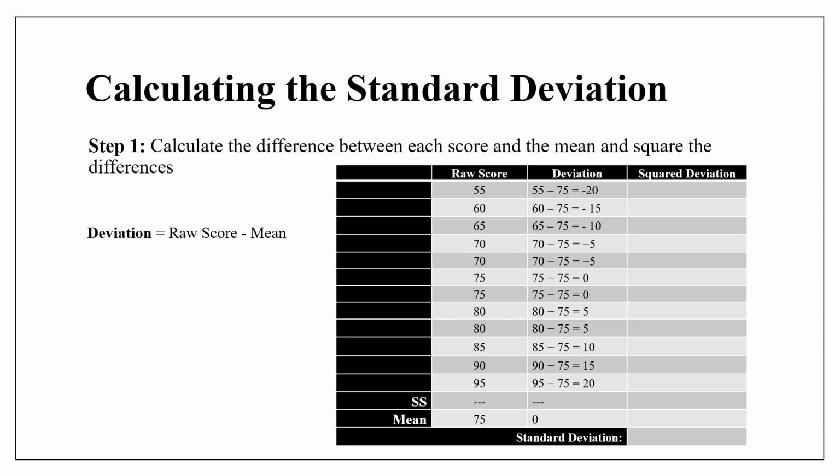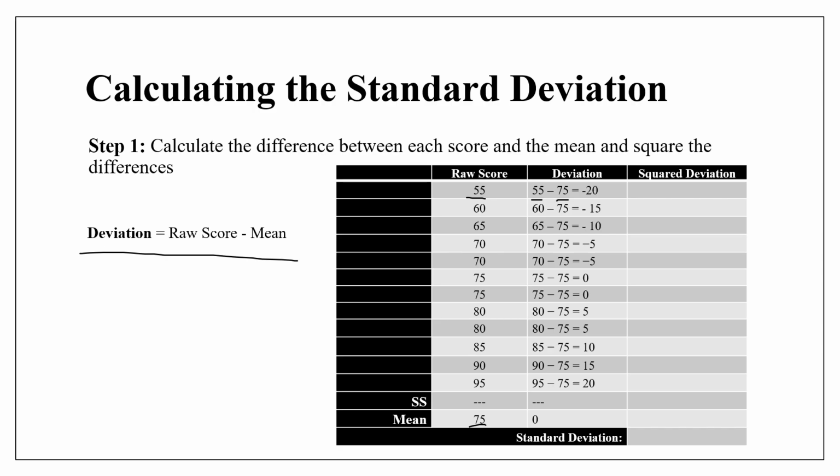Okay, so here we have our first column completed, which are the deviations. And again, for the deviations, the equation we're using is the raw score minus the mean. I gave you information for all of the raw scores in the data set, and I gave you the mean of those observations. So all you have to do is work with this equation and then place those numbers where they belong. The raw score goes first, and then we're subtracting the mean, which is 75.